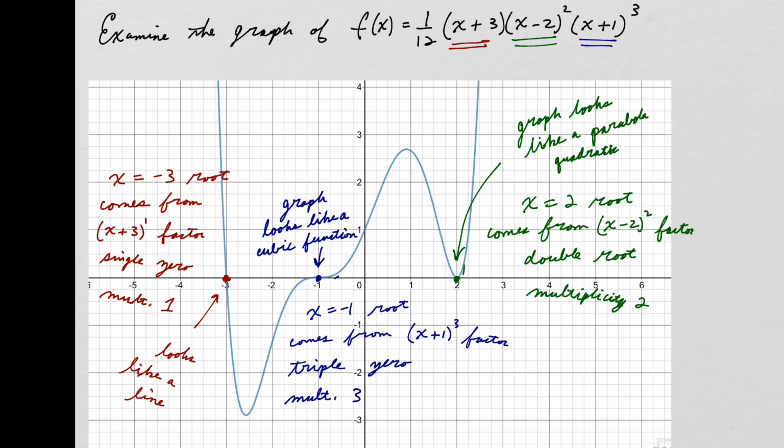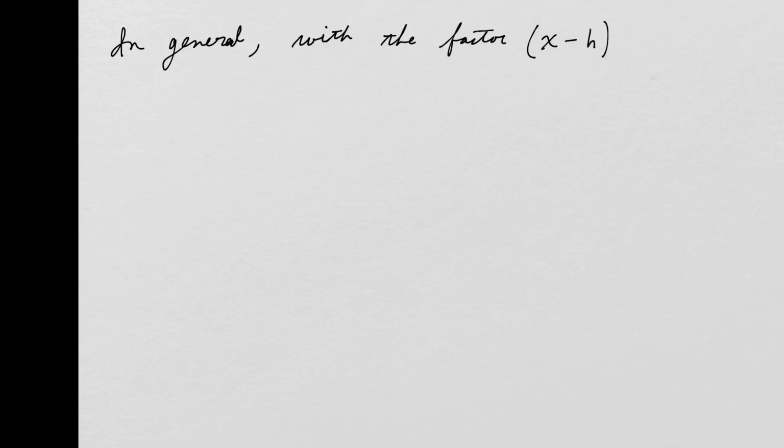Okay, so let me give this rule in general. So in general, if you have some polynomial and you have a factor x minus h, where h is some constant, to the p power.